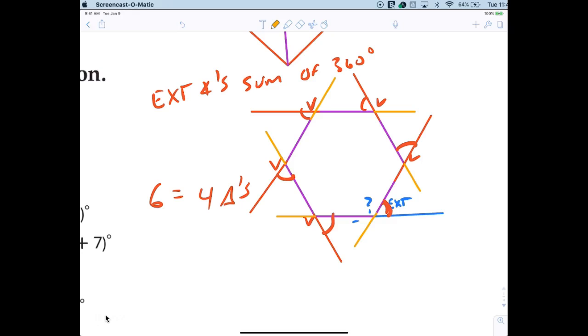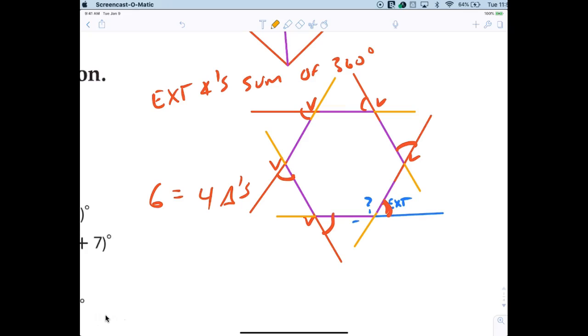And again, I always thought it was a little weird that they would say 6 exterior angles when I can obviously count 12. But if you have a hexagon, they say that you have 6 exterior angles and 6 interior angles. So since it's a regular hexagon, does that mean that all the exterior angles are equal? Yes.